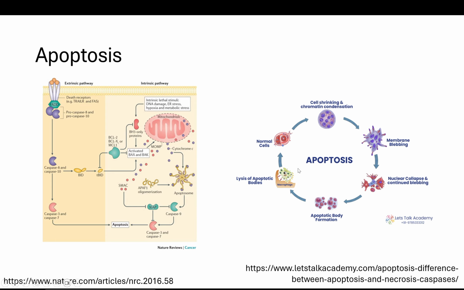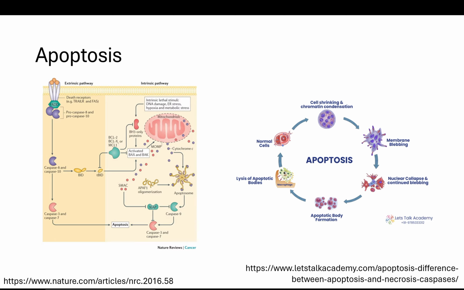But if there is necrosis, what happens in necrosis is there is a sudden insult to the cell. Because of this, the cell membrane itself breaks down. The cellular constituents spill out of the cell. In case of apoptosis, the apoptotic body formation prevents the contents of the cell from spilling out.